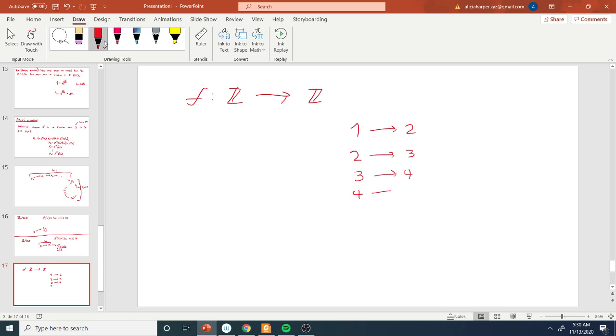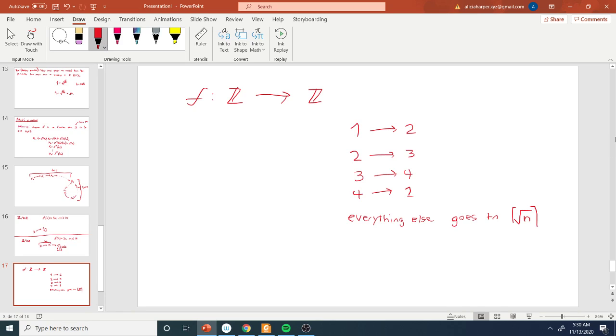And 4 goes to 1. And everything else goes to the ceiling of the square root of n.